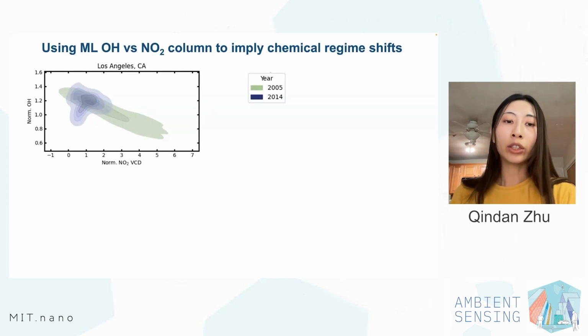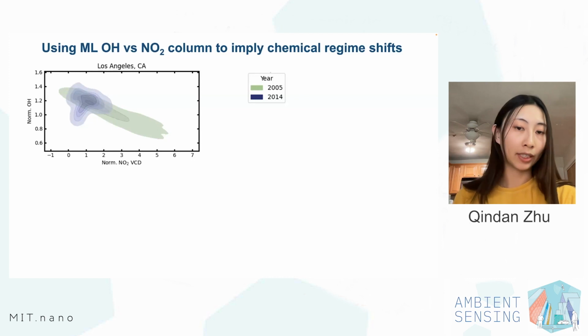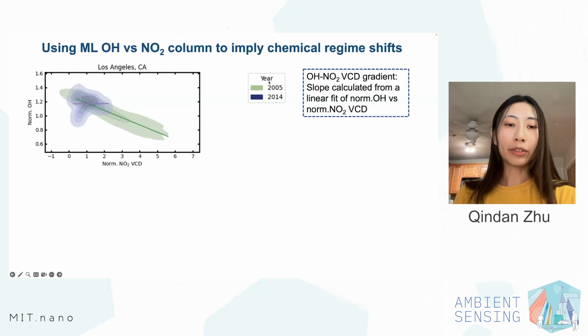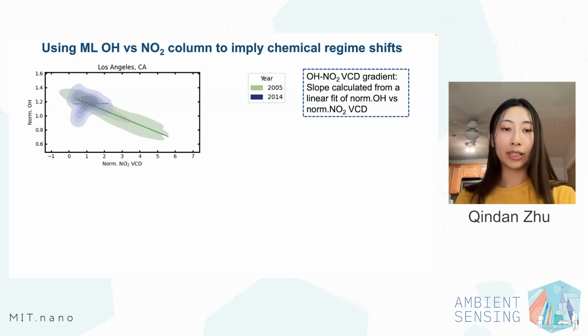We could see that NO2 column density decreased substantially, while the OH abundance in 2014 stayed at a peak range of OH back in 2005. To quantitatively describe the changes, I calculate the slope from a linear fit of OH versus NO2 column density and define the slope as the OH versus NO2 vertical column density gradient.